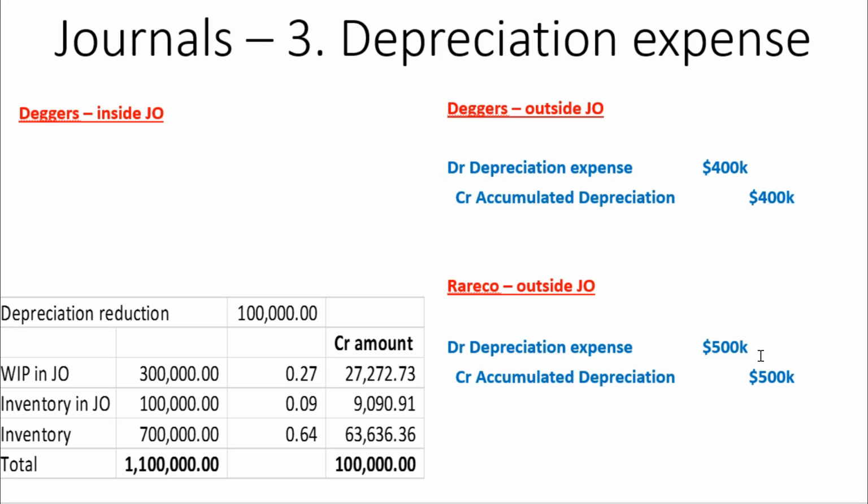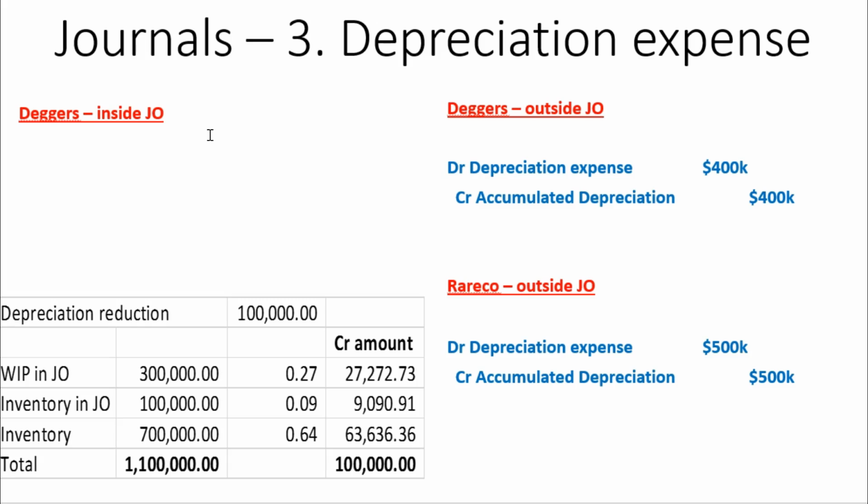So we know the entity which contributes the asset will use the carrying amount when they contribute it, but the entity who received part of that asset will use the fair value when it was contributed. Okay, so that's that. Now we're going to do the adjustment as if depreciation was recorded in the accounts of the joint operation.